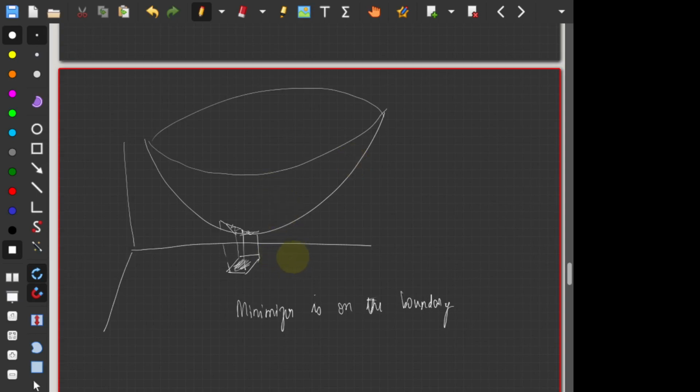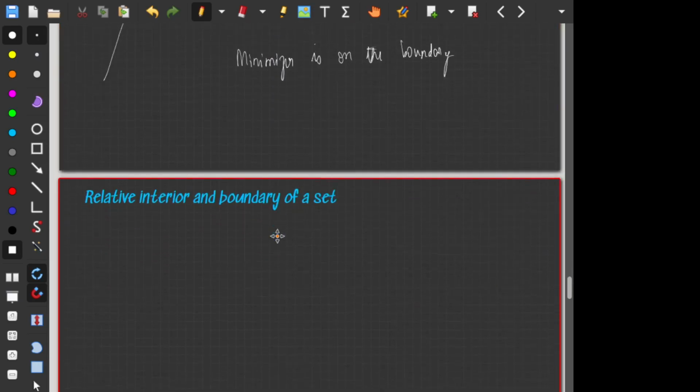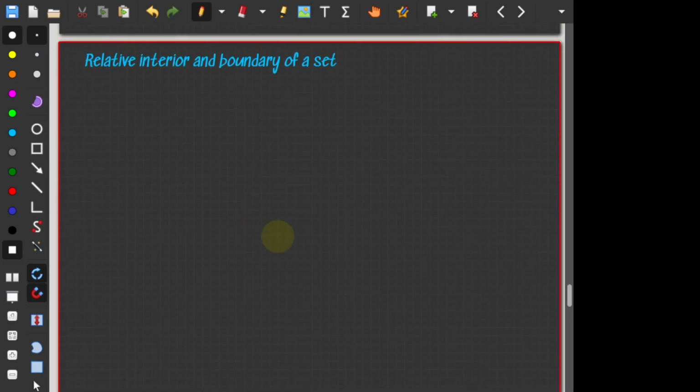Maybe my constraint set corresponds to just one straight line. This is the set of all possible x which satisfy these constraints. So now I'm going down from a higher dimension to a lower dimension. So for this, I define this notion of a relative interior of a particular set, right?